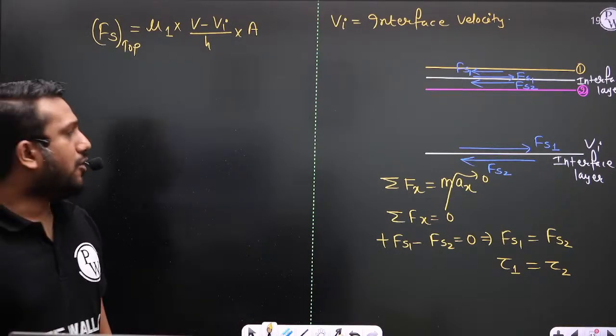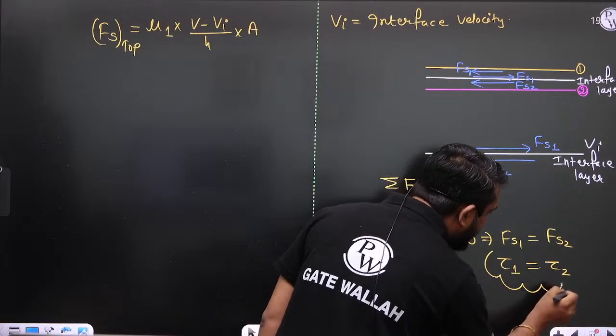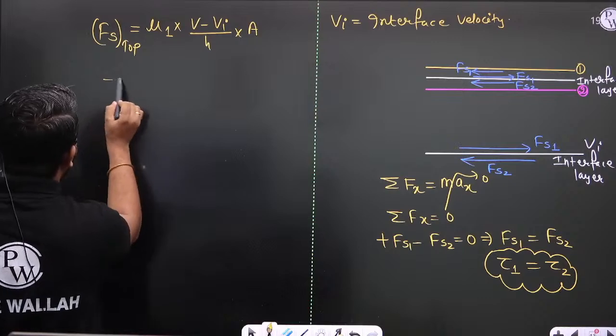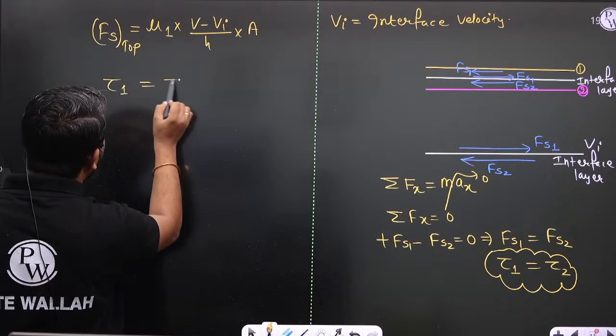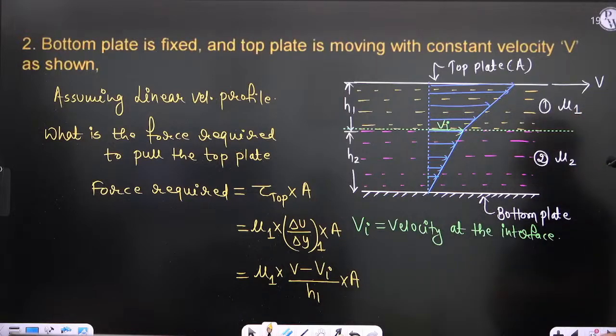Is it fine? Now tau1 is equal to tau2. Now tell me, what is tau1?